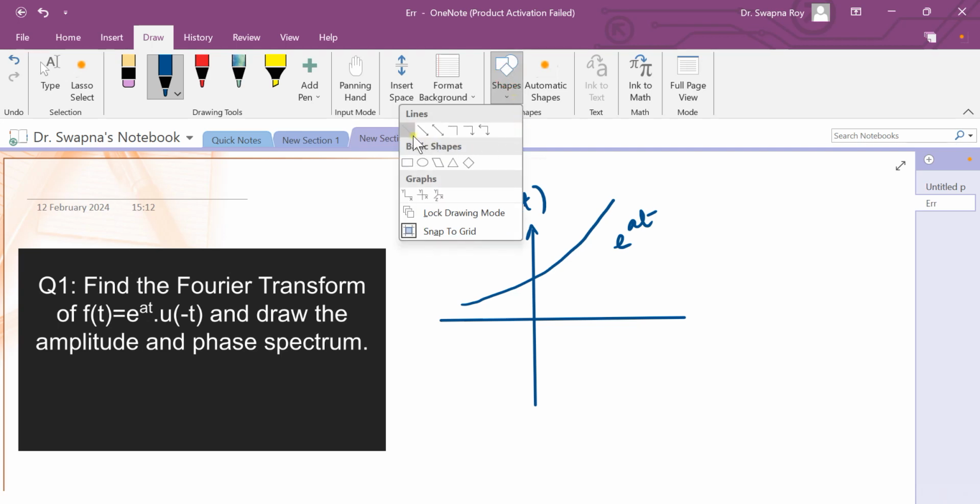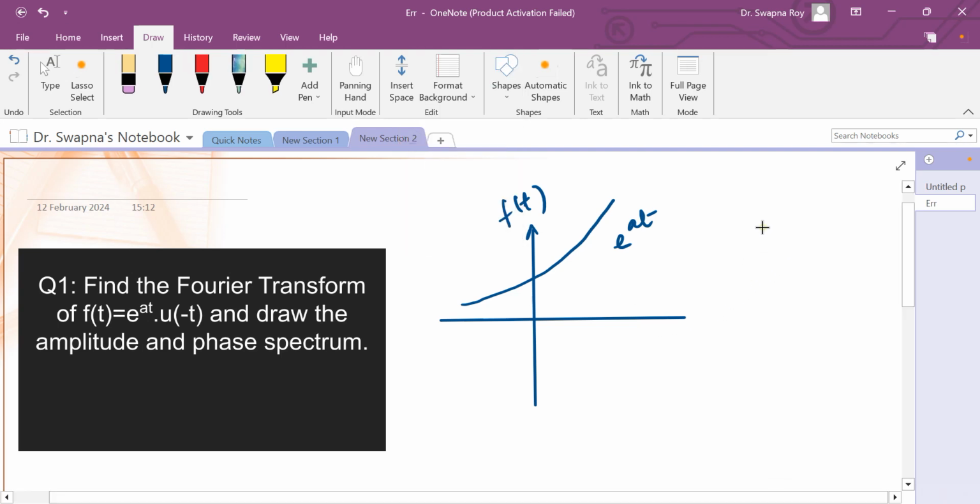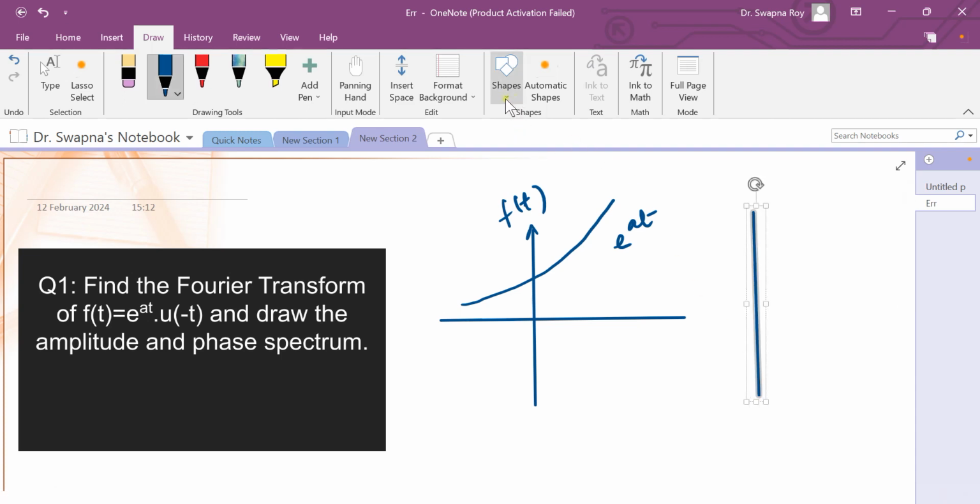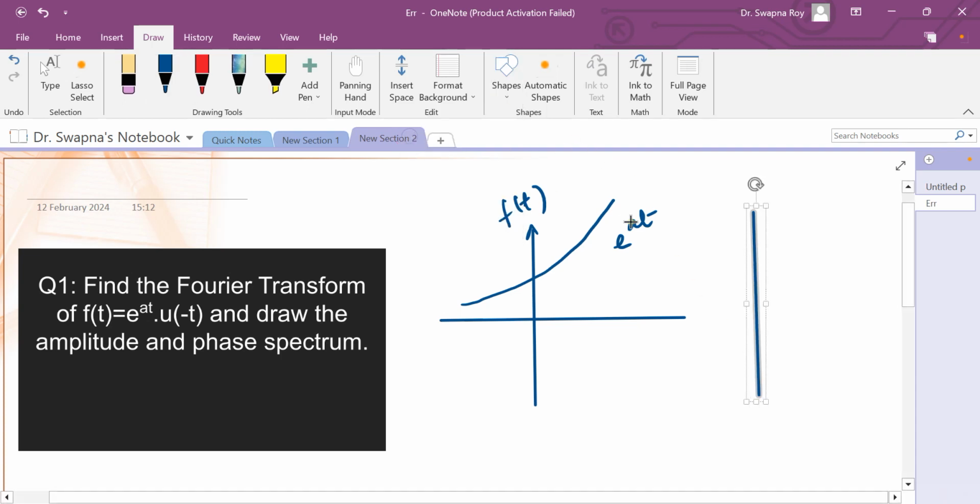for u minus t, that time the function, you already know how to draw the unit step functions.